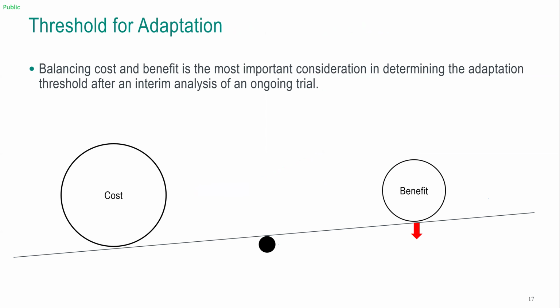Now, from these examples, you may be wondering how to set this adaptation criteria. Fundamentally, we have to balance the cost and benefit. And it's always the most important consideration in not only determining the threshold for adaptation, but also in any drug development decision making.